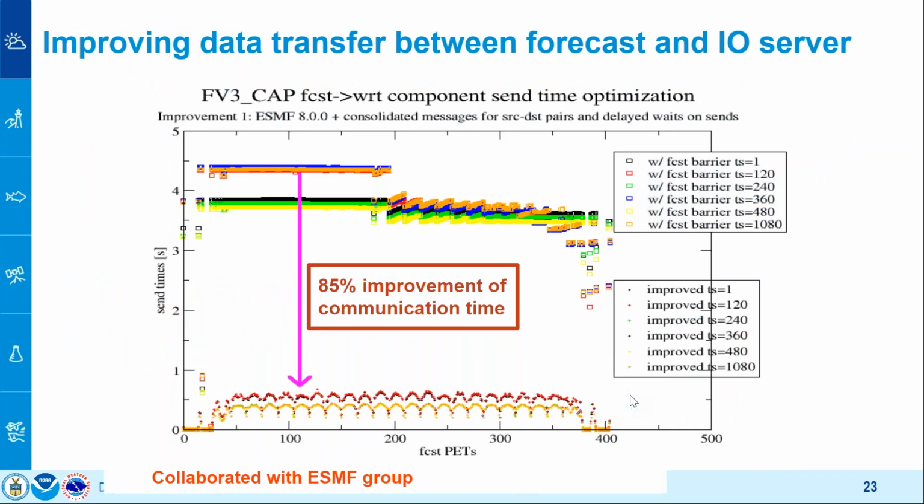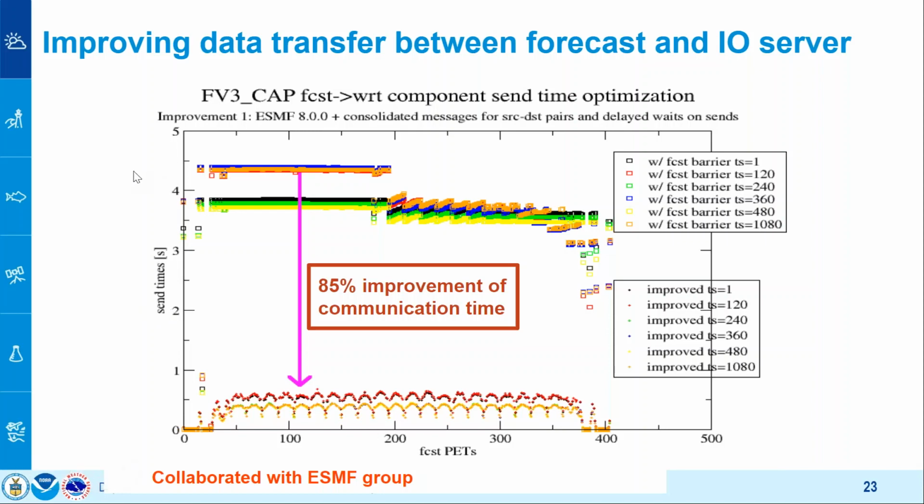Next, improving data transfer between the forecast and I/O server. As you see, we were using asynchronous I/O. So basically, the data will be transferred from the forecast side to the write grid component side, so the transfer time is critical. I want to highlight this slide because when we let the ESMF group know the issue, we found the slowness.